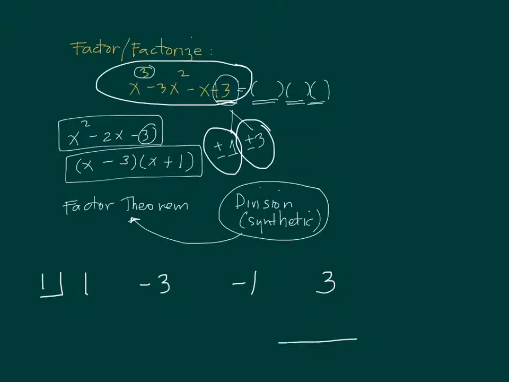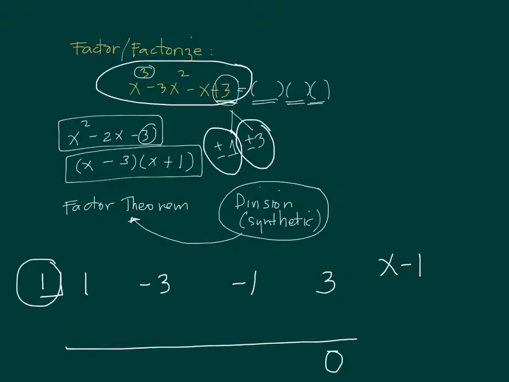So when we perform the synthetic division, remember the goal is that we should end with a 0. If this will end with a 0, then that means x minus 1 is a factor coming from this number. But we have to test that. So let's see.